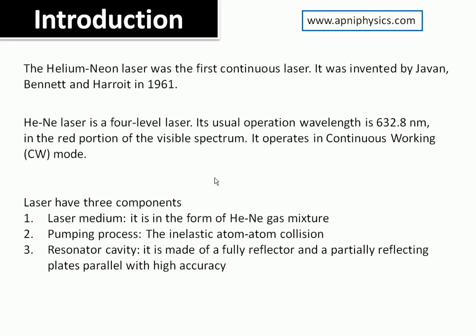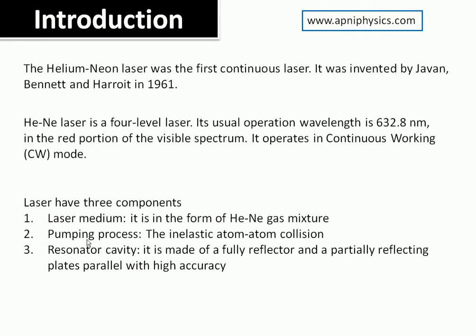As you know, any laser has 3 major components. One is the medium, that is, what laser medium is used to construct the laser. Here in the helium neon gas laser, it is the helium and neon gas mixture.